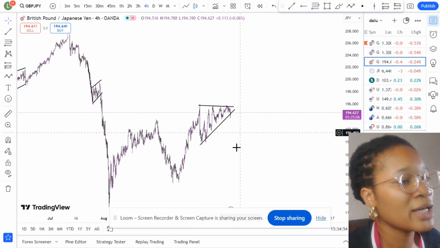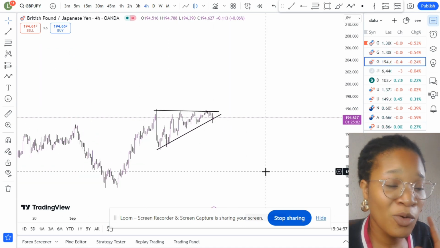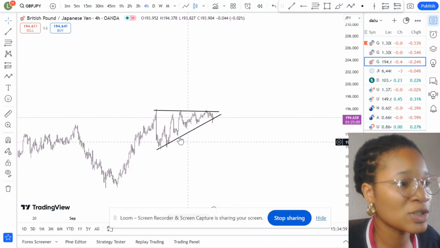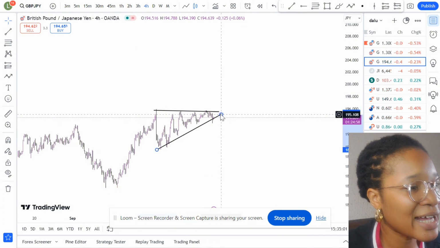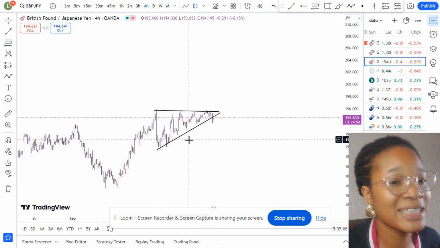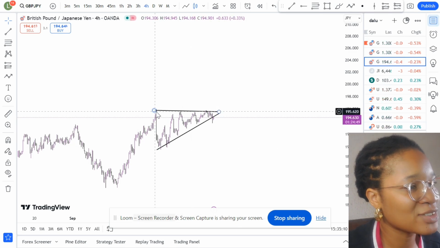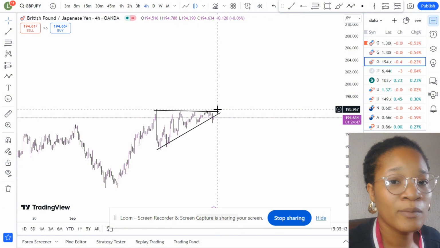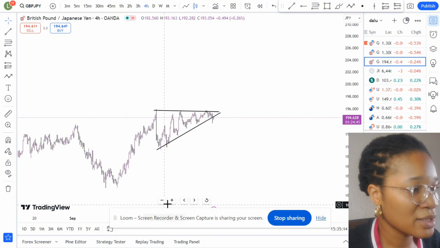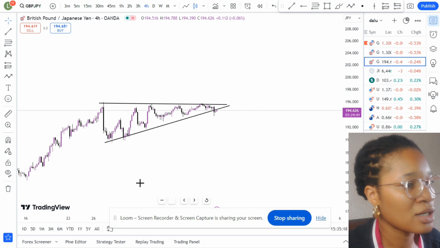Okay, so right here, without me saying, just look at this. Based on what we just said a couple of minutes ago, what is it looking like to you? This is most definitely an ascending triangle. Let me zoom that out.